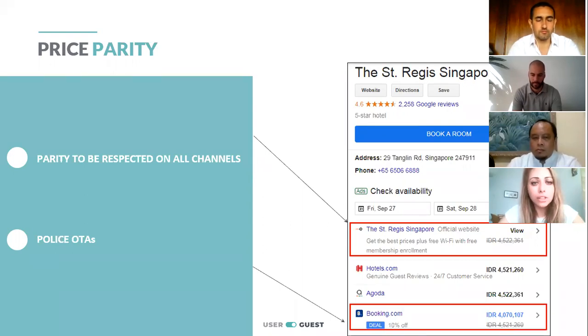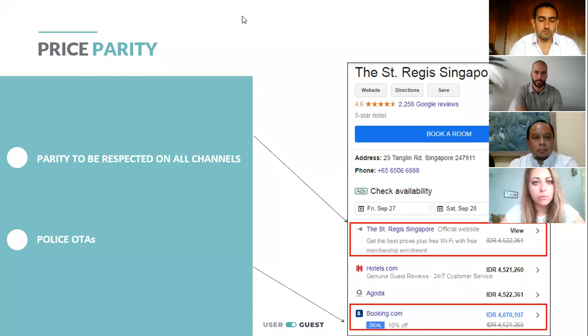Another very good practice is to offer additional benefits. So you might have the same offer as on the OTA, the same rate, but if you actually provide additional value to your customers, they will definitely go and book directly with you instead of the OTAs.